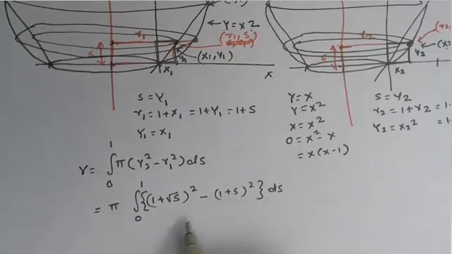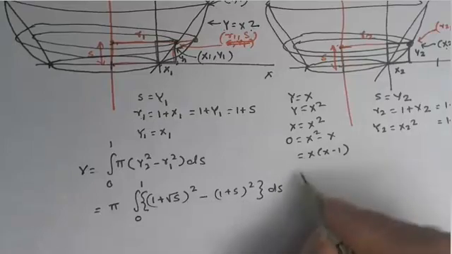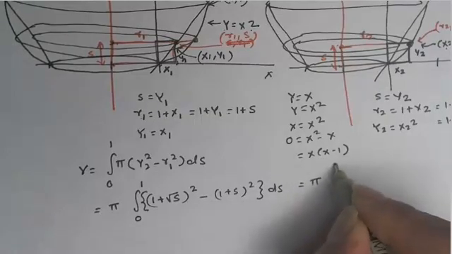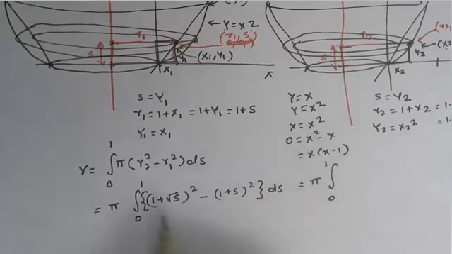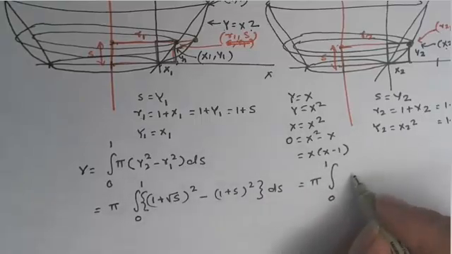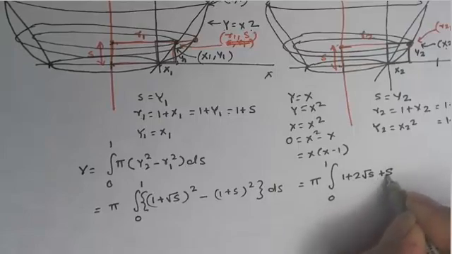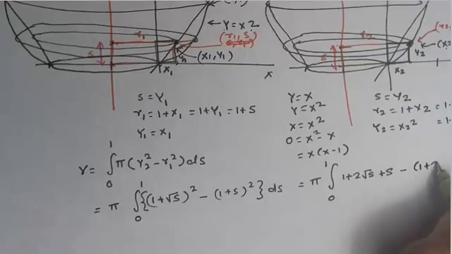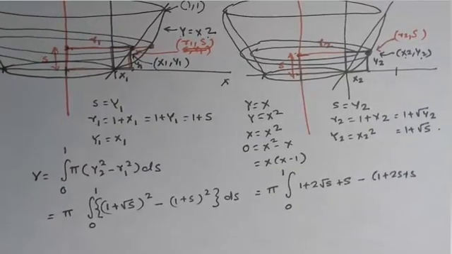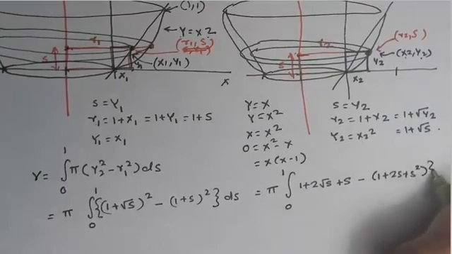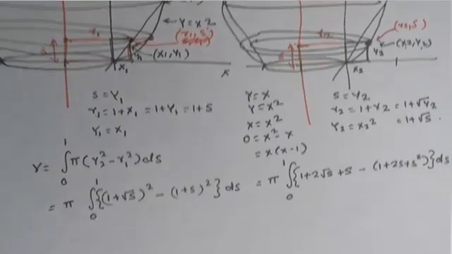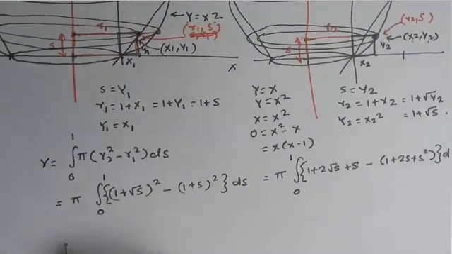And now all we have to do is just figure out what that integral is. So that's pi integral 0 to 1. If I expand this, I get 1 plus 2 square root S plus S. If I expand this, I get 1 plus 2S plus S squared, dS. And let's see what that works out to.